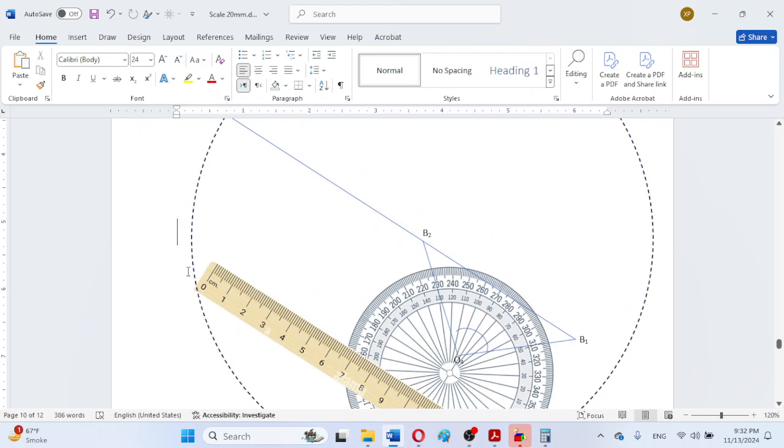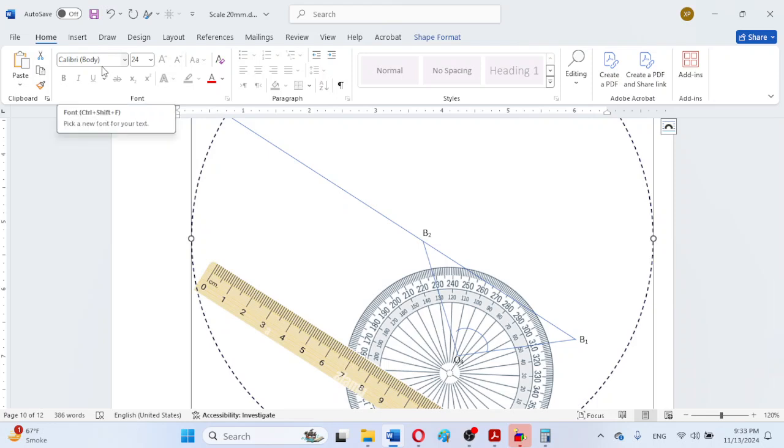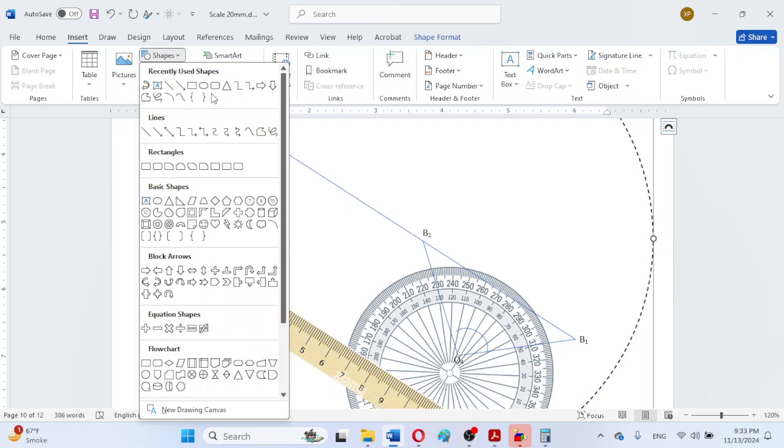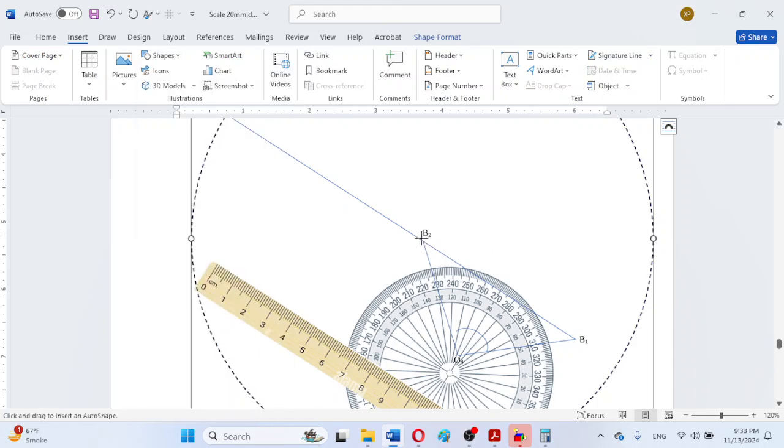In a similar manner we can just copy this circle, and for example, to move this circle, we can also insert some reference.